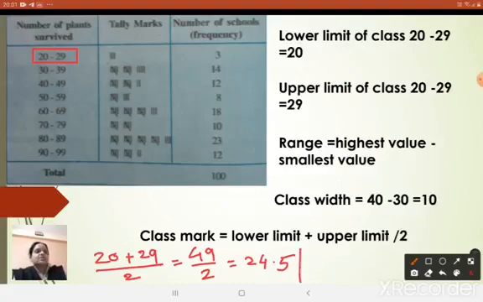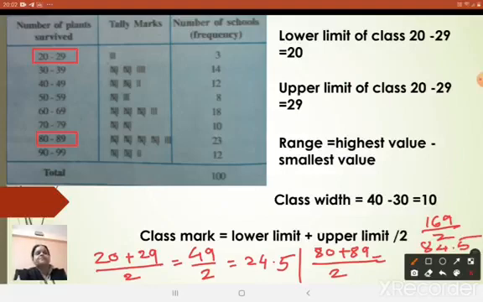I will take one more example. If I take the class 80 to 89, what will be the class mark in that case? See here, 80 is the lower limit plus the upper limit 89, divided by 2. So it will become 169 by 2. So what will be the answer then? 2 8s are 16, 2 4s are 8, and .5.